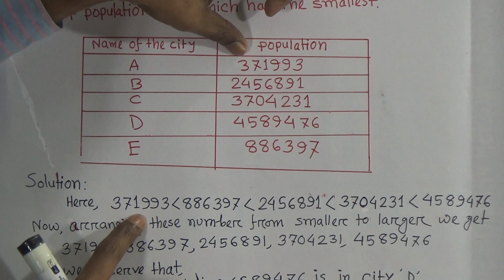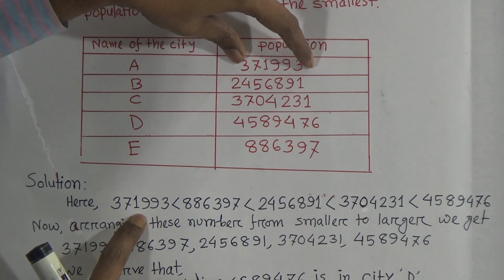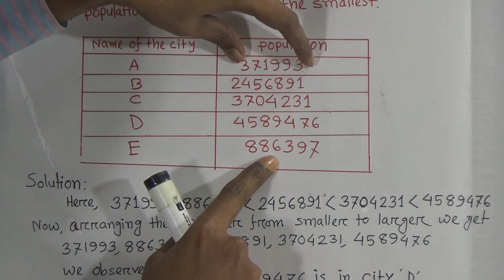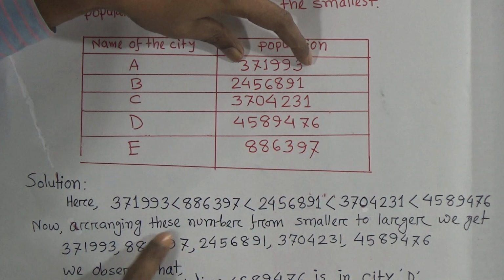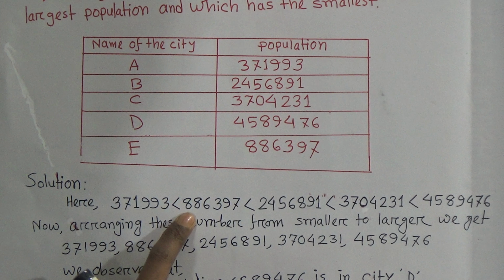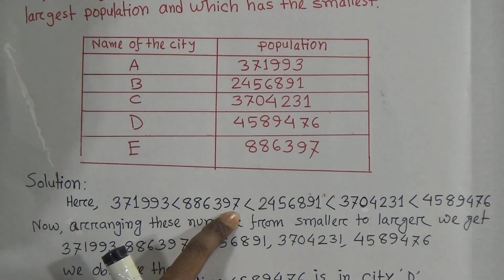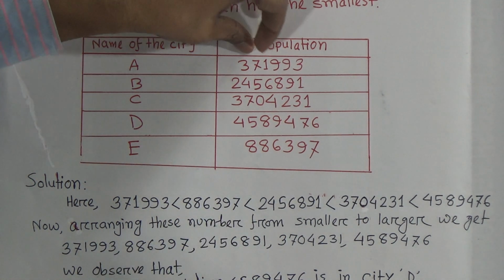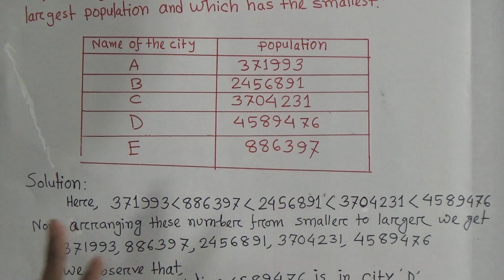So we have written it here. Then except this population, which one is the smallest? You see 8,86,000. So I have written here 8,86,397. Now except 3,71,993 and 8,86,397, among these three, which one is the smallest?